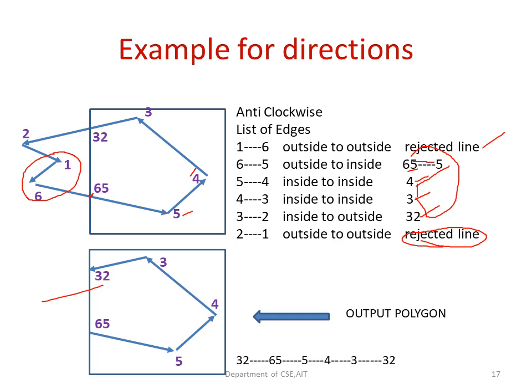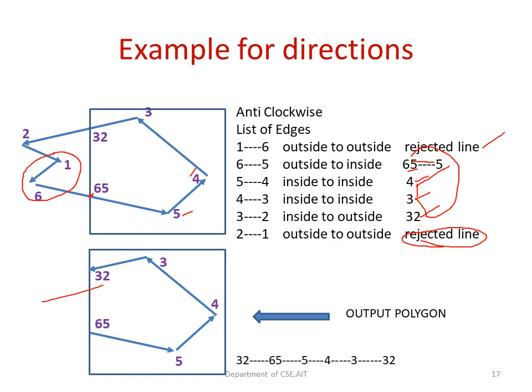When you go for the line 5, 4, you can see that this is completely inside, and that is why I am considering the second point, that is 4. 5 and 4 is a line and 4 is the second point, so that will be considered. When you consider the line from 4 to 3, you can see that it is completely inside, and that is why I am going to consider the second point, that is 3. Then I am going to consider the edge from 3 to 2.